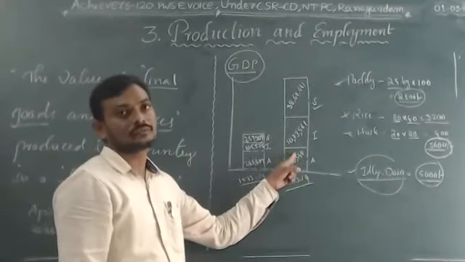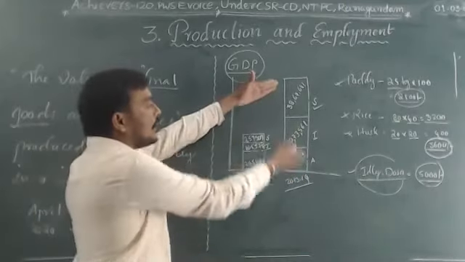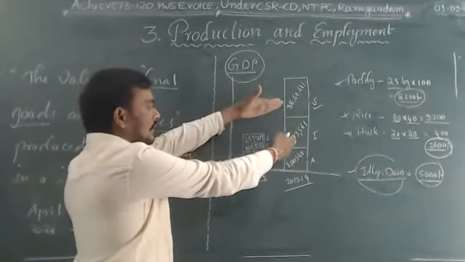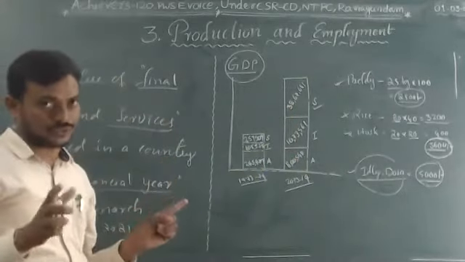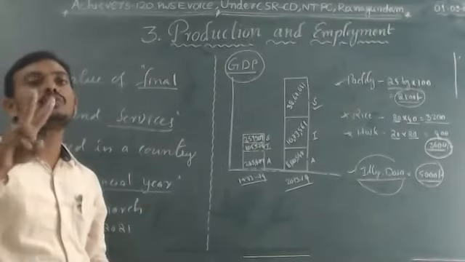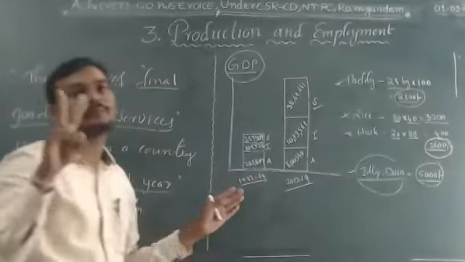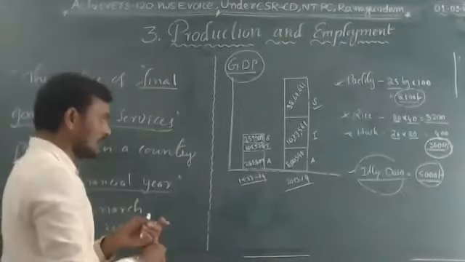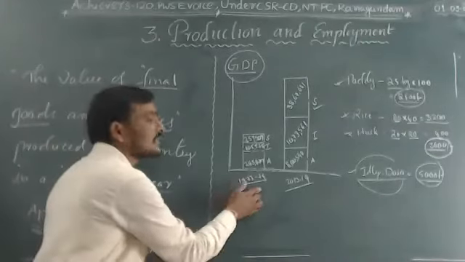It is much higher than industrial and agriculture. So, my dear students, you have to see the values of service, industrial, and agriculture, then confirm the answer. There are two questions that may be asked based on this diagram. One question is which is the largest producing sector in 1973-74?